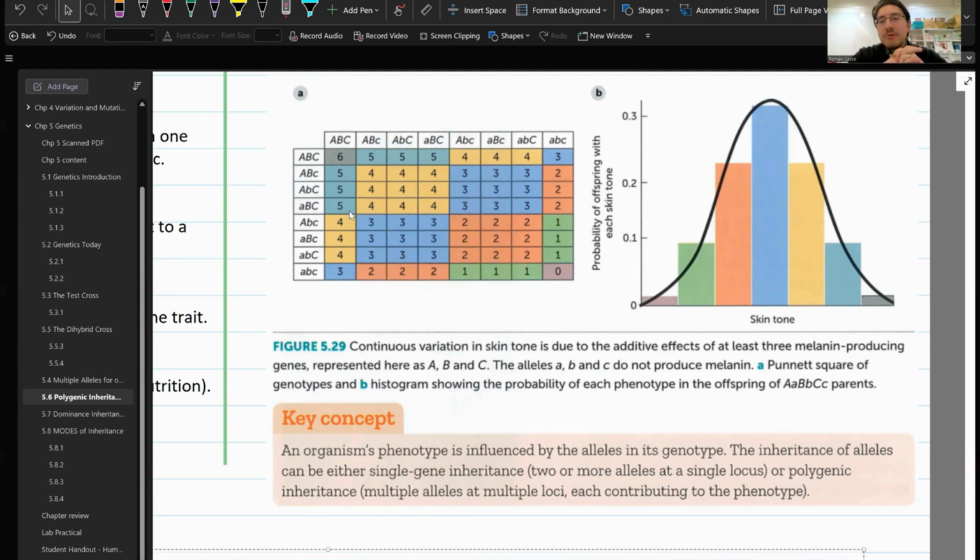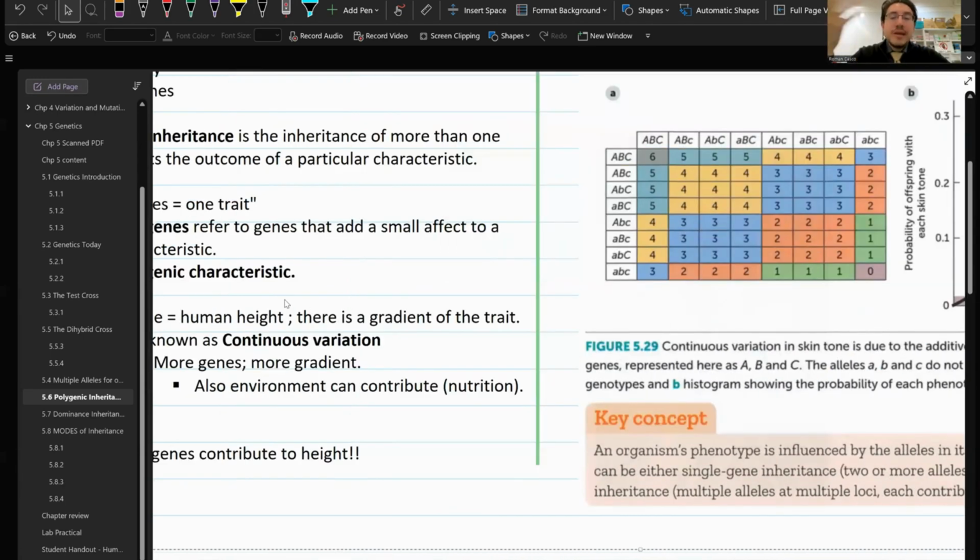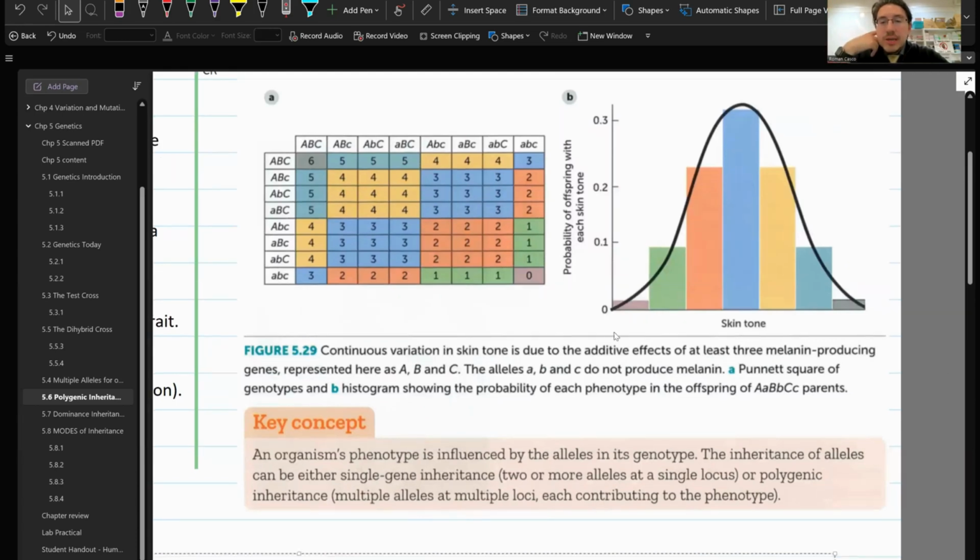That's why it's referred to as a continuous trait of variation, because you're seeing more variations of that trait within the population. Depending on the recessiveness and the dominance expressed in the population, generally you'll get a bell curve, showing a percentage. Generally, these types of continuous variations will be plotted as a histogram, not as a bar graph.